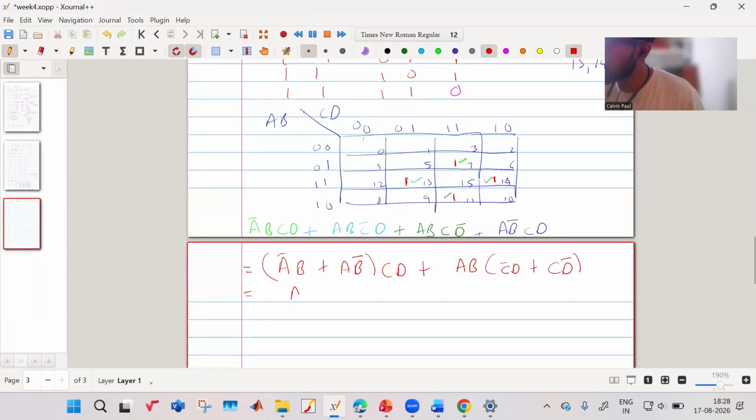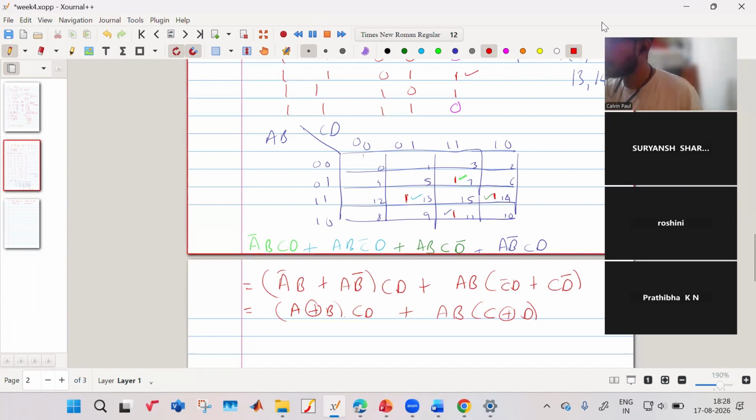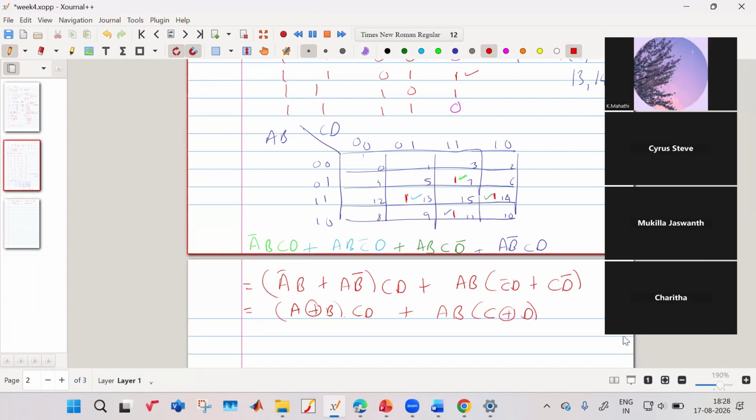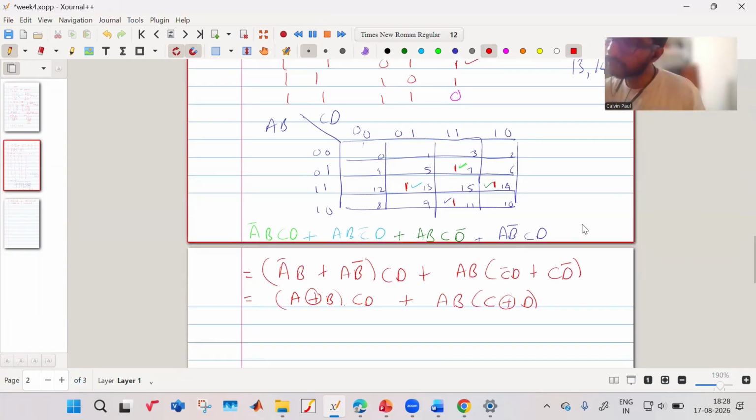This becomes equal to A XOR B and CD plus AB, C XOR D. Is it fine? Or any problem here? No. Okay. So I want to ask a question. Is this function an odd function or an even function?